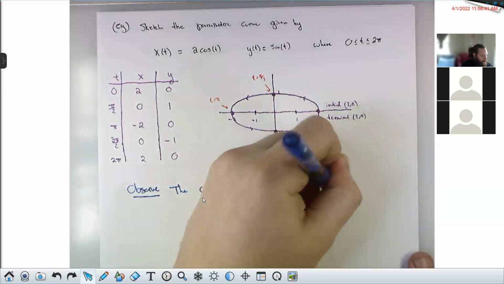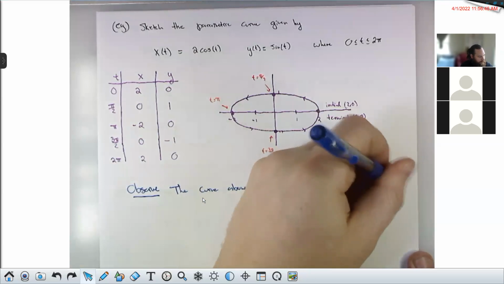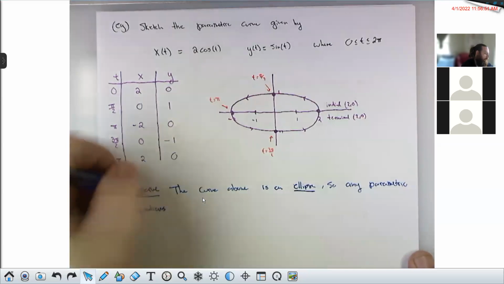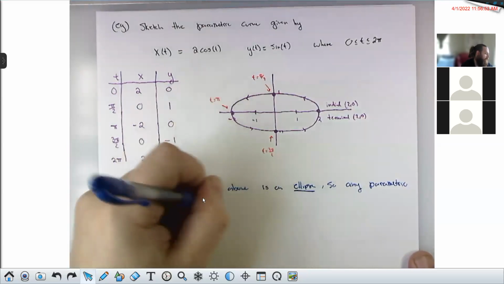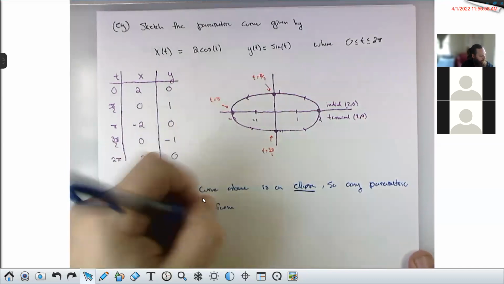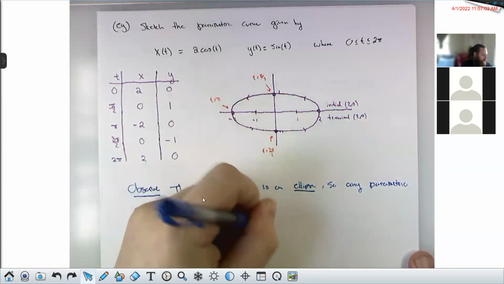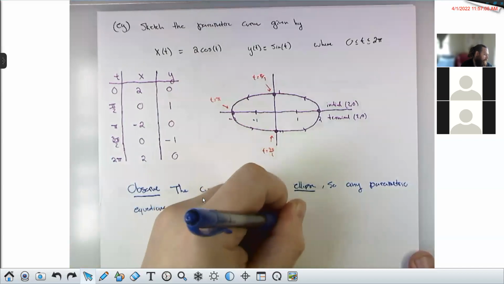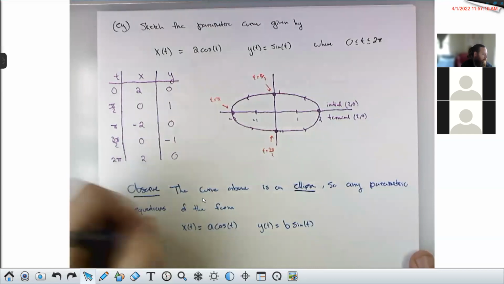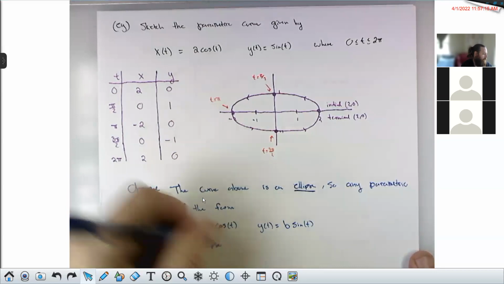So any parametric equations of the form, you can imagine how to modify this, like x of t equals a cos t, y of t equals b sine t, will give you an ellipse, centered at the origin.